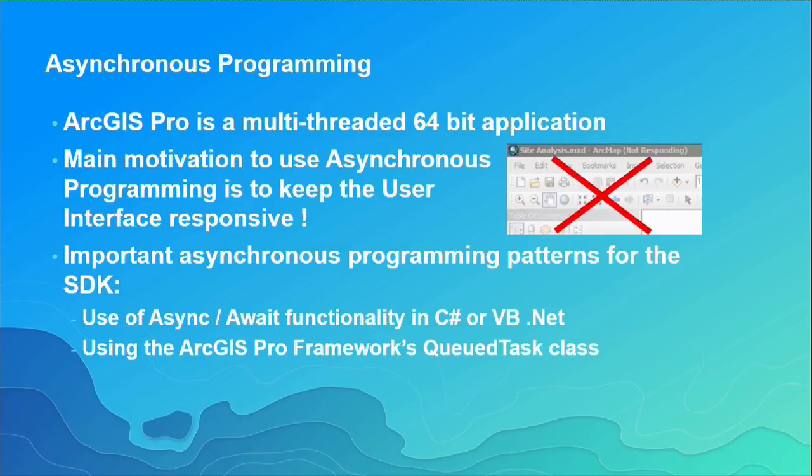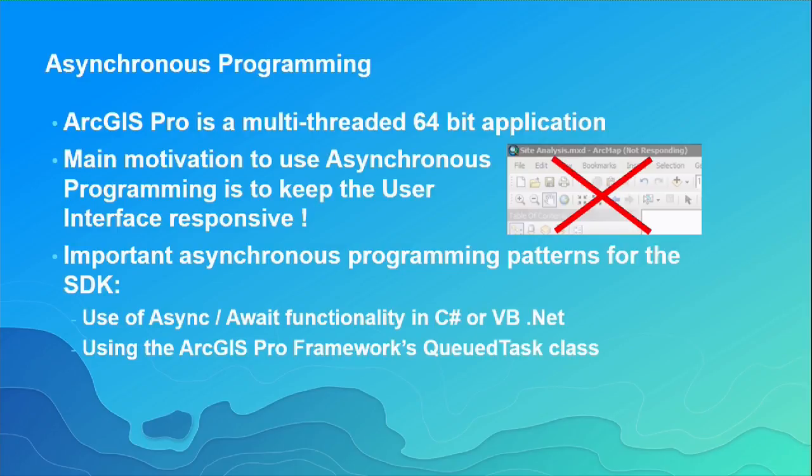And the main motivation to use asynchronous programming is to keep the user interface responsive. So on the right, you see a little screenshot of the dreaded ArcMap not responding screen. This is our motivation for asynchronous programming.